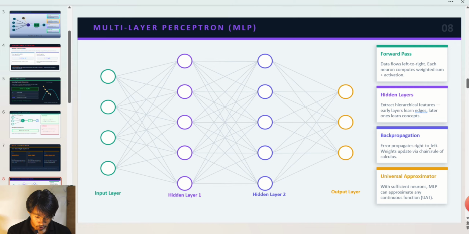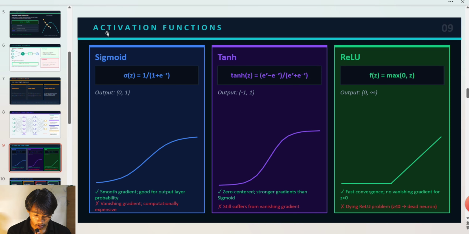Now the next slide is called activation function. Now what is an activation function and what does it do? Activation functions mainly help neural networks learn complex patterns. The three common activation functions are sigmoid, which gives output between 0 and 1 and is often used for probabilities.